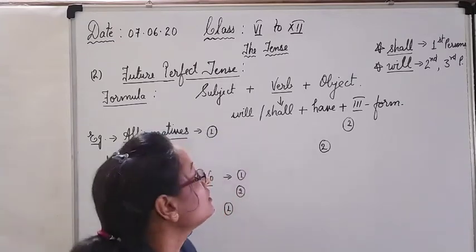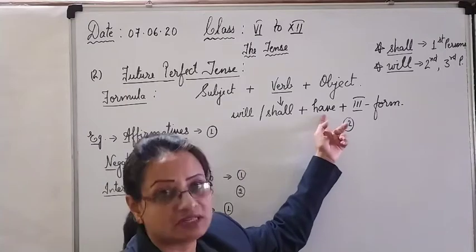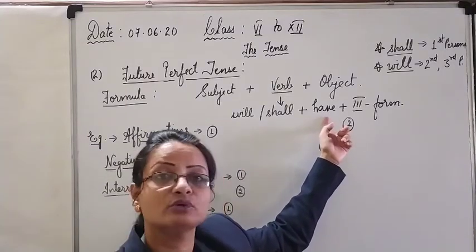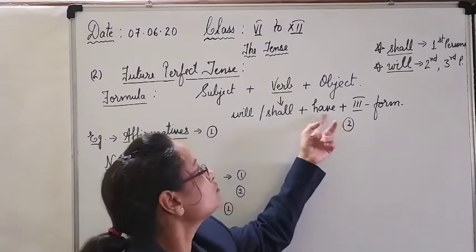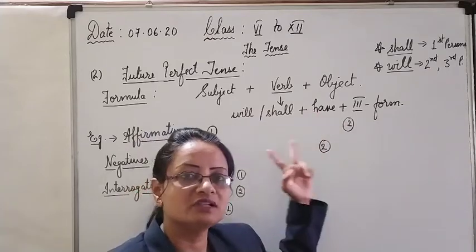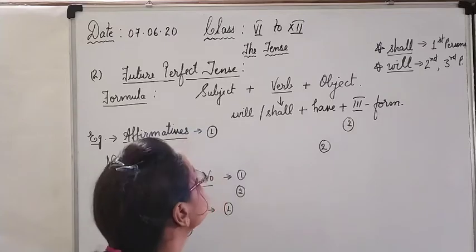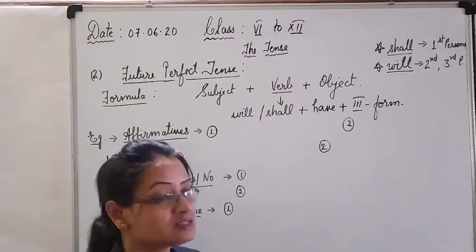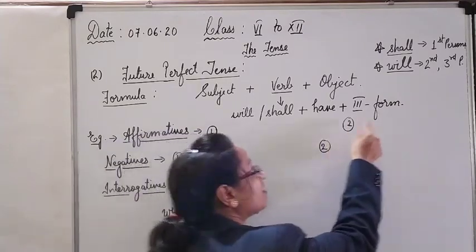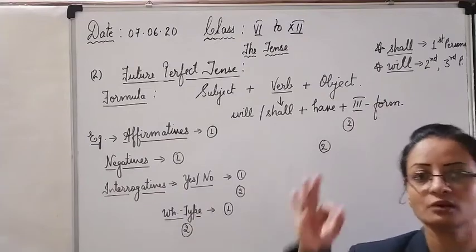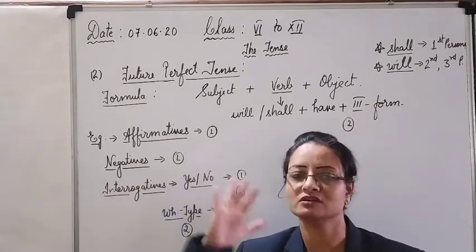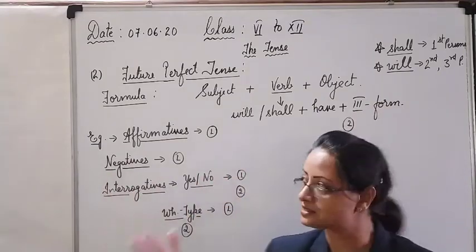So unlike the present, you don't have to take both has and have. You have to take only have. Will/shall plus have and then your third form. So it will constitute the future perfect tense: will/shall plus have plus third form.